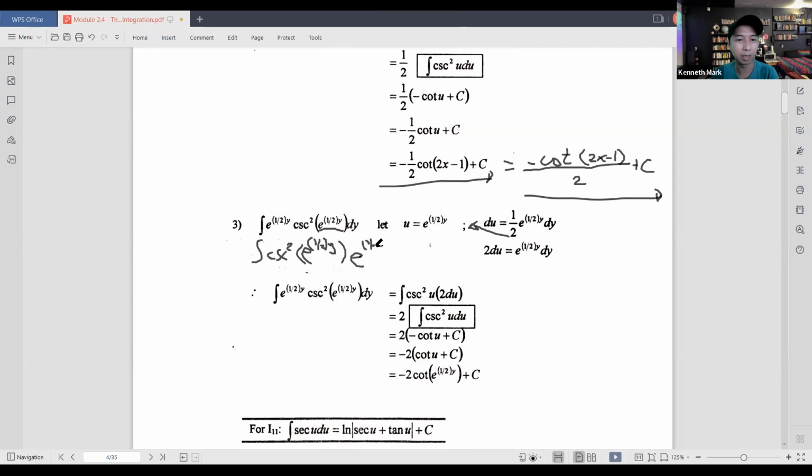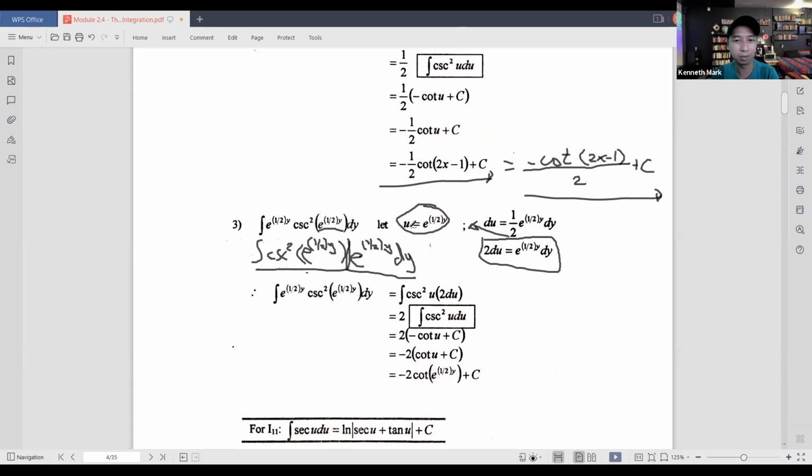Diba? 1/2 y. Then all over by dy. So ito yung first part mo. Ito yung second part mo. Okay. Yung equivalent nito is ito. Okay. Then equivalent nito, ito.